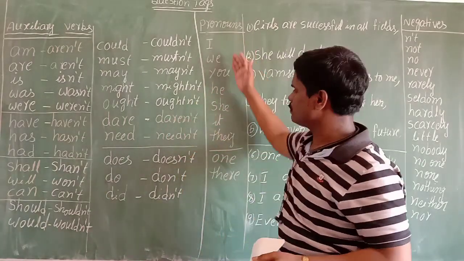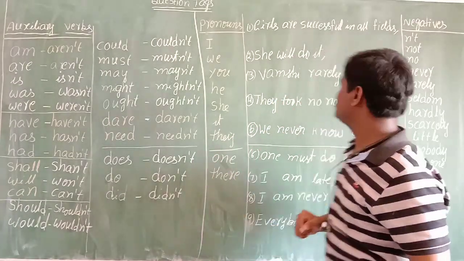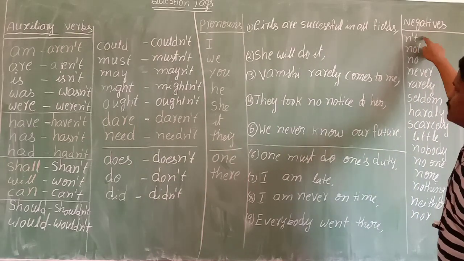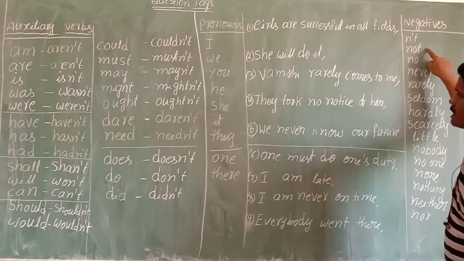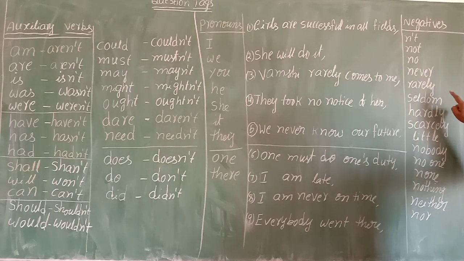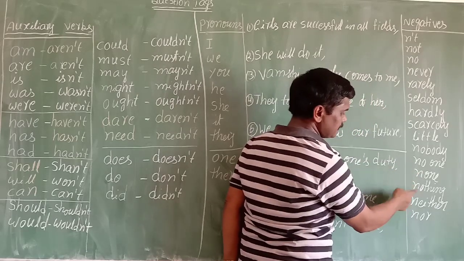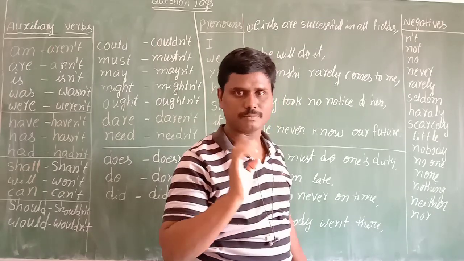Next, what about pronouns? And another very, very important thing, friends: look at negative words. What are the negative words? N't, not, no, never, rarely, seldom, hardly, scarcely, little, nobody, no one, none, nothing, neither, nor. These words also you must remember.